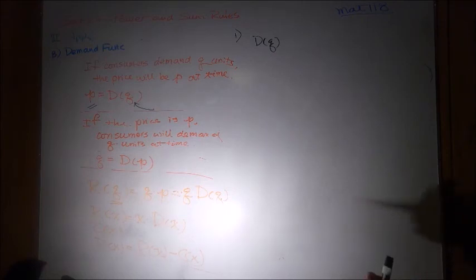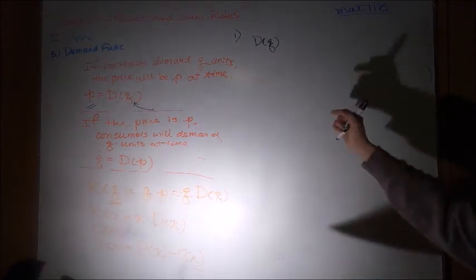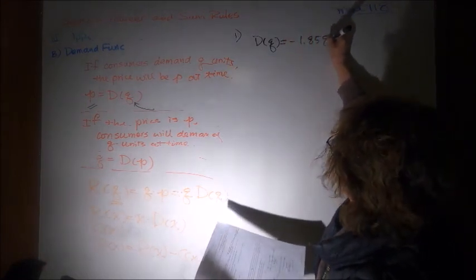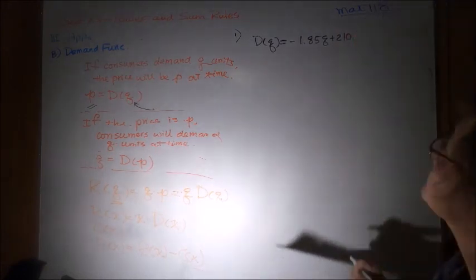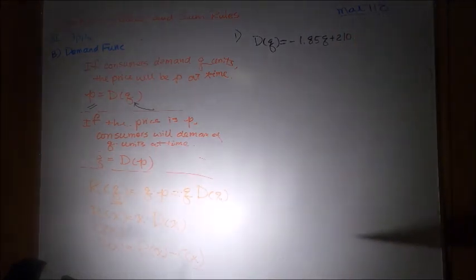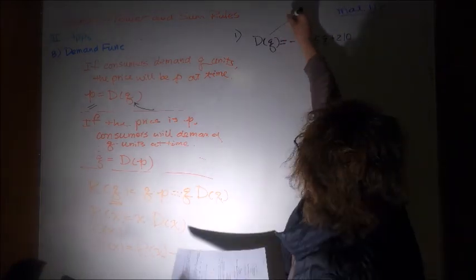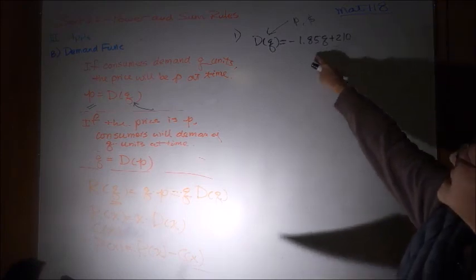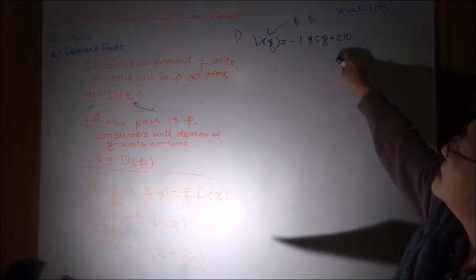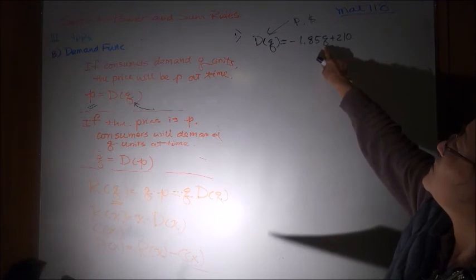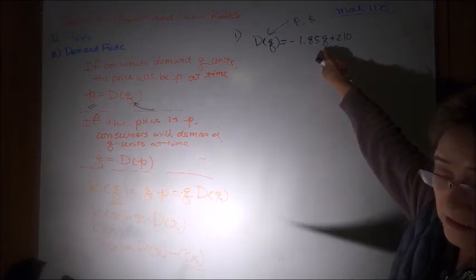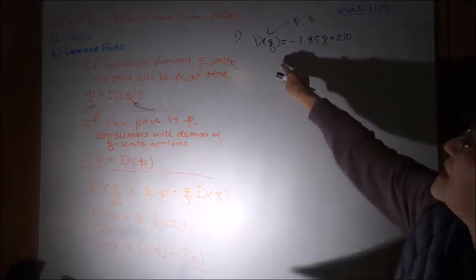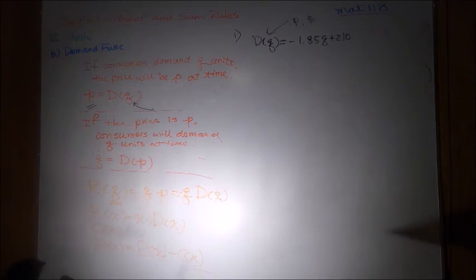And if demand quantity is given this way, actually this is the price, in dollars. So you look at this function, it means if you have more quantity, then the price would be lower. That's what it's saying.